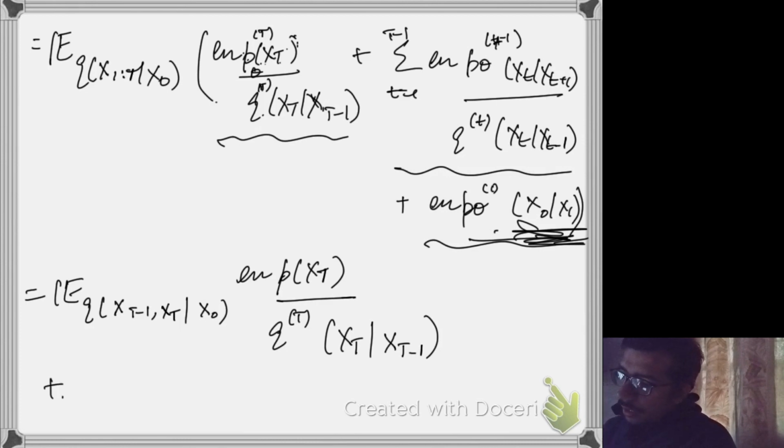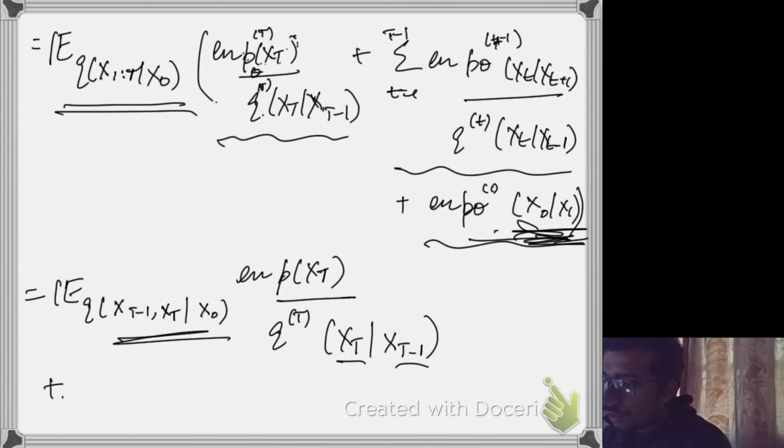And now the thing is that here it's an expectation over all variables from 1 to capital T, but since in this term only two of these appear, x capital T and x capital T minus 1, I need to take expectation over only these two, right?